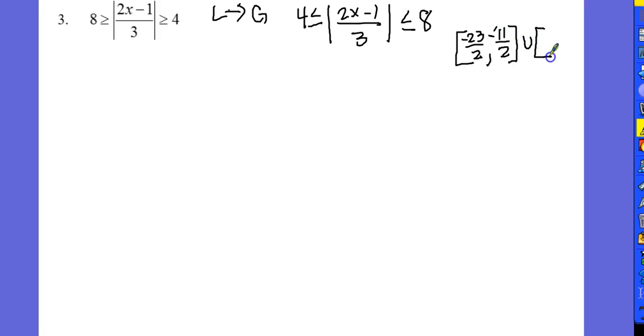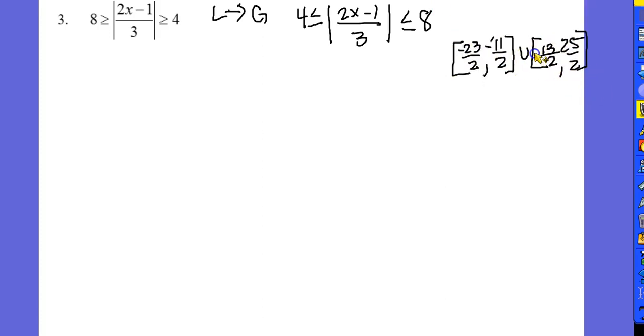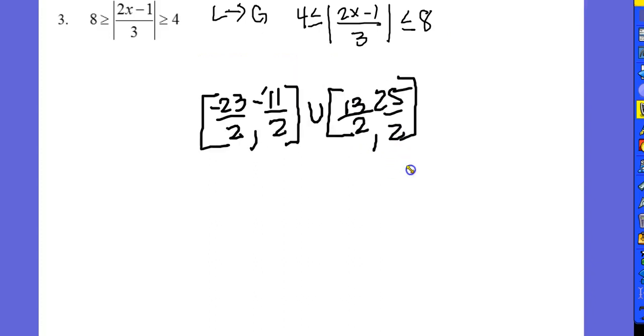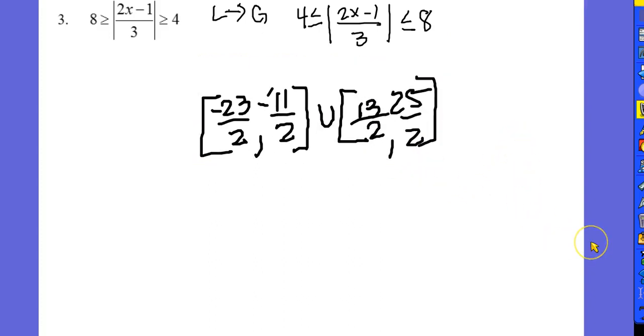Union 13 halves to 25 halves. I think I'll bring this down a little bit and make it bigger, just in case somebody needs to see it. There we go. Okay, so that is what you should get.